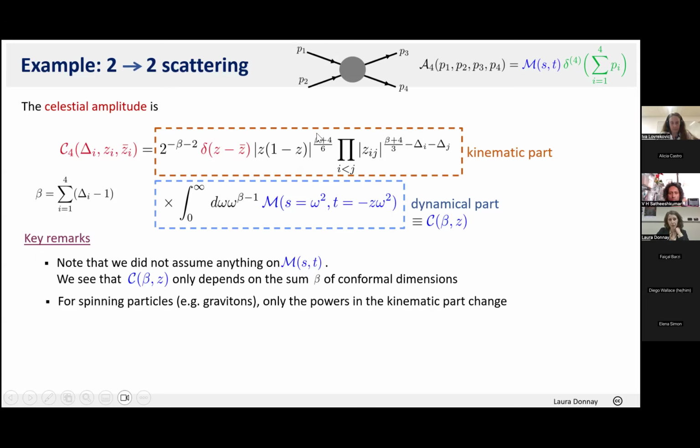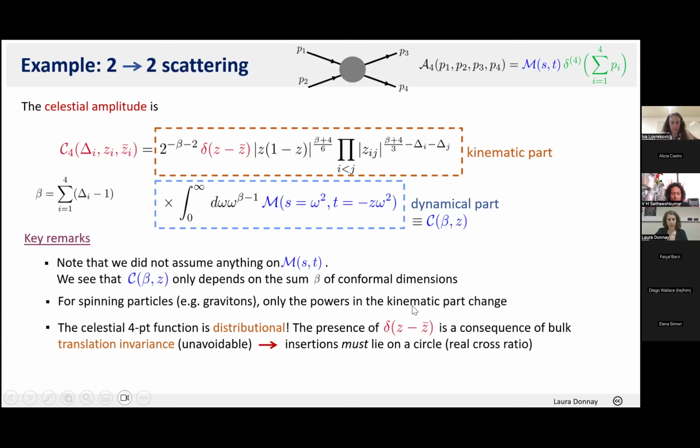The only thing that will change are these exponents here, the ones I'm circling. These exponents do depend on the helicity or the spin or the twist, you name it, of the particle. So if you don't have a scalar, these exponents will be different, but the form is the same. So this generic form still holds.